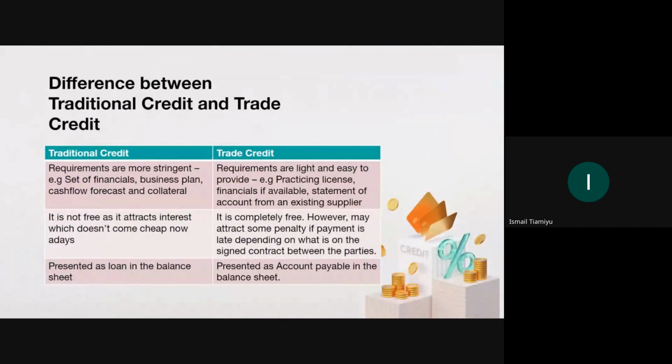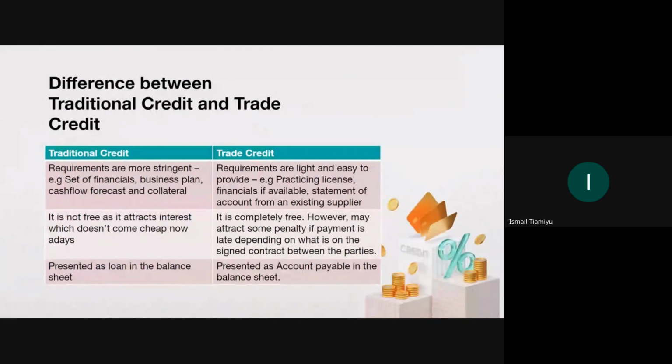Then for those of us that prepare financials, I know some business owners like to keep track of how their business is doing, so they prepare financials. So financials means you have profit and loss, you have a balance sheet to track your assets, liabilities, and equity. So in presenting in your financials, traditional credit is shown as loan. It could be a long-term loan that you use for expansion.